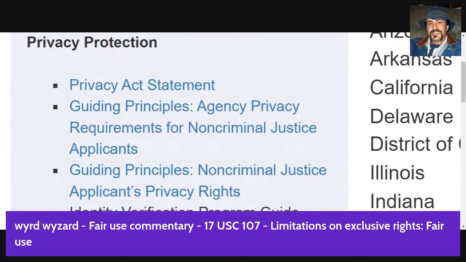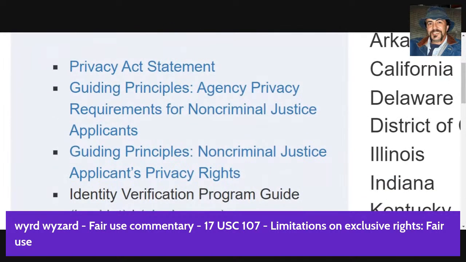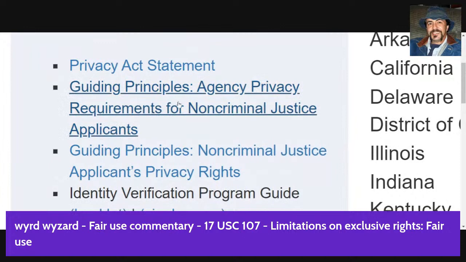This is the privacy protected Privacy Act statement, guiding principles, agency privacy requirements for non-criminal justice applicants. Most often they have this for secure job positions, such as teachers.